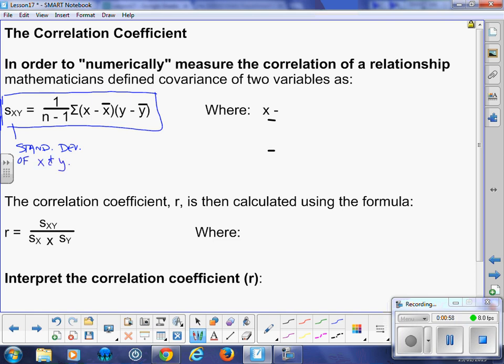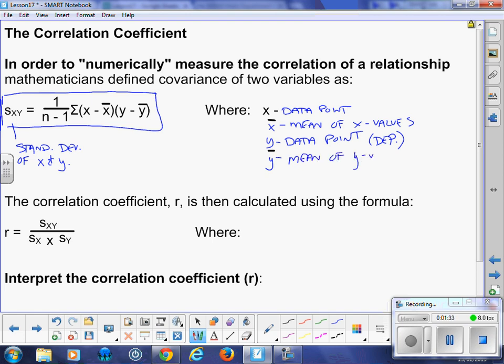In that formula you have X, which is your data point, your X bar, which is the mean of X values. You have your Y, which is the data point, and that is your dependent value from your X. Y bar is the mean of Y values.